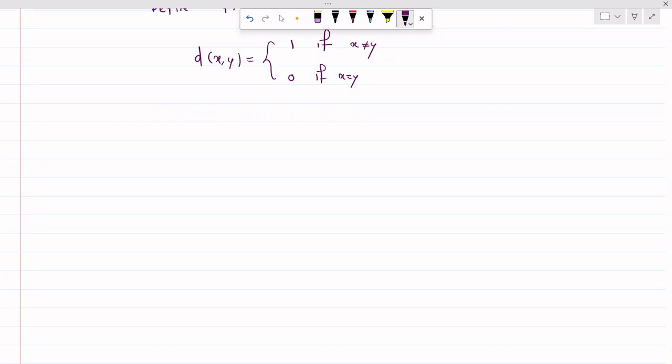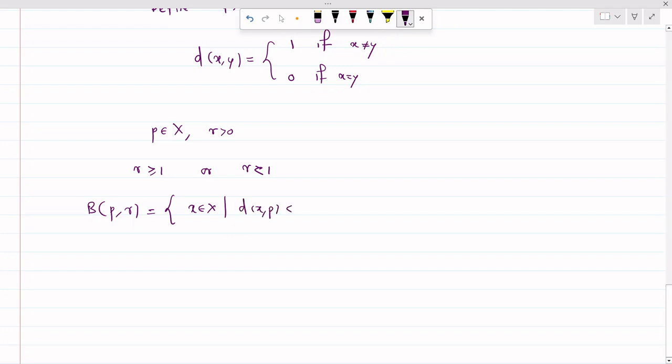Let's try to understand how open balls in this metric space look like. For that we will have two cases. Suppose P is a point taken from X and r is a positive radius. We have two different cases, that is either r is greater than or equal to 1 or r is less than 1. In both the cases let's try to find an open ball about P of radius r. So B(P, r) equals x belongs to X such that d of x comma P is less than r.